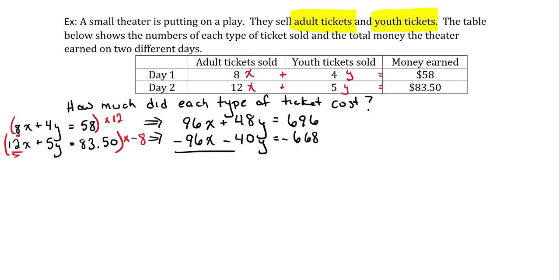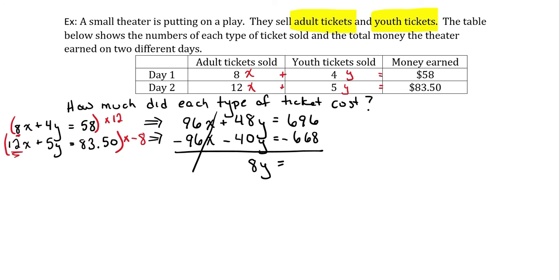Now what we're going to do is we're going to pretend we're just going to kind of add straight down. Right? 96 minus 96 is 0, so our x's go away. Okay? And using this to solve, our x's, or whatever's our first letter, those will always go away. 48y minus 40y leaves us with 8y.